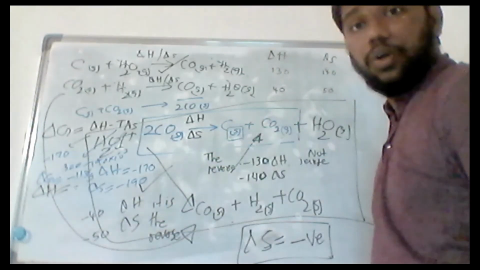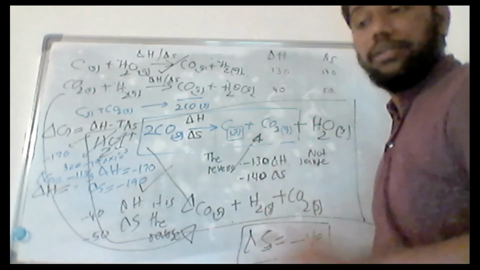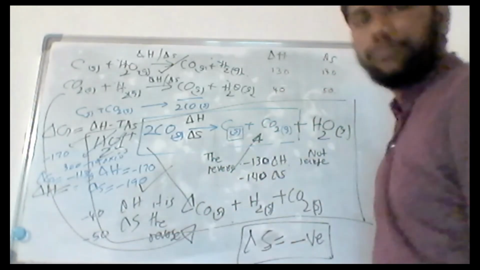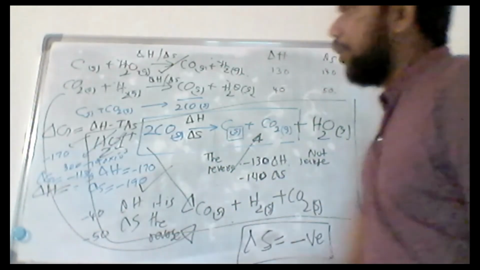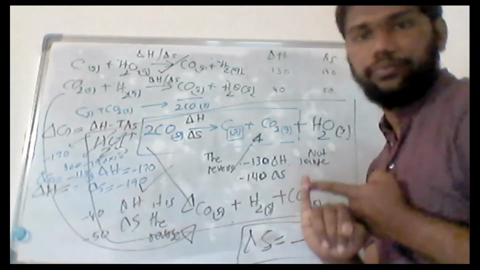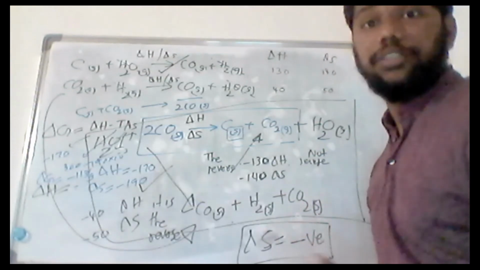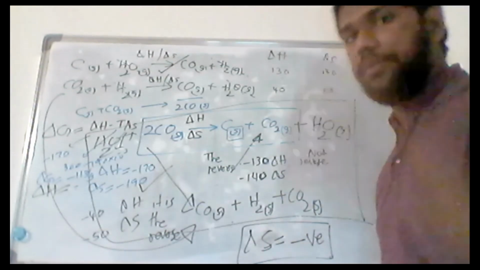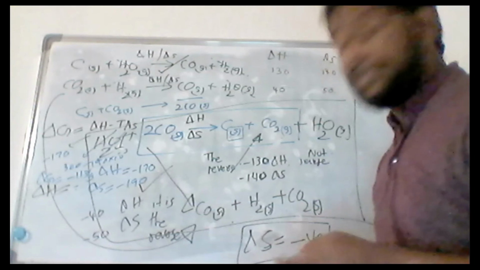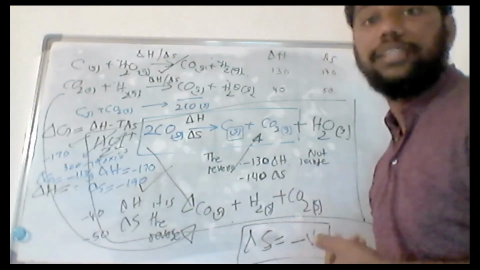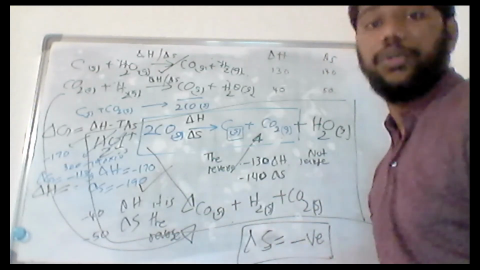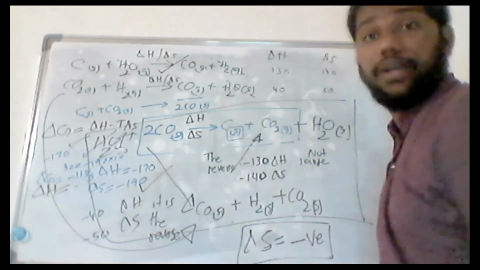Okay, so think about this reaction more and more. Delta H is negative, so you might think this reaction is spontaneous from the beginning. Then delta S is negative, so you might think this reaction is not spontaneous according to entropy, because it forms a solid product.